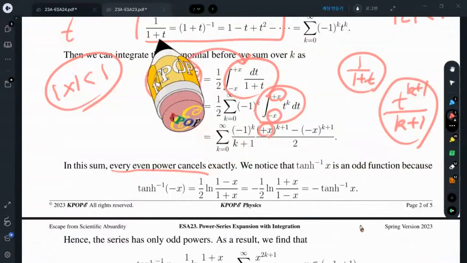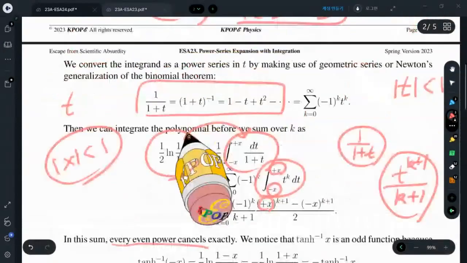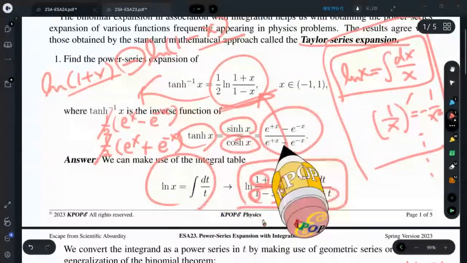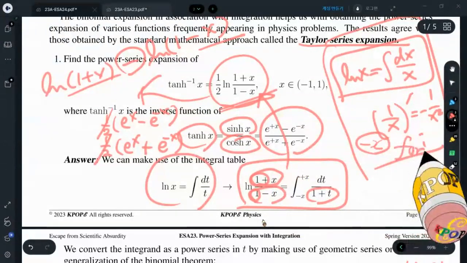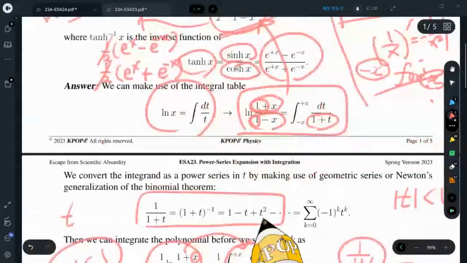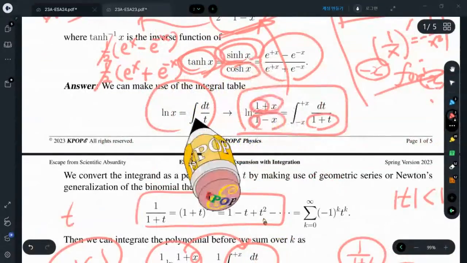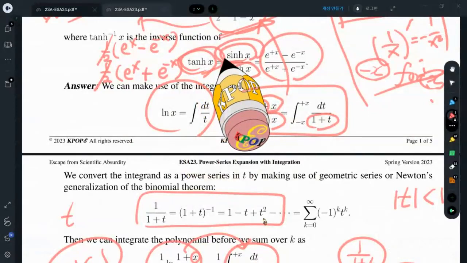The reason is that the tangent hyperbolic function is this, and if you substitute minus x for the x, then you have a negative sign on it. Therefore, tangent hyperbolic and sine hyperbolic, both of them are odd functions.